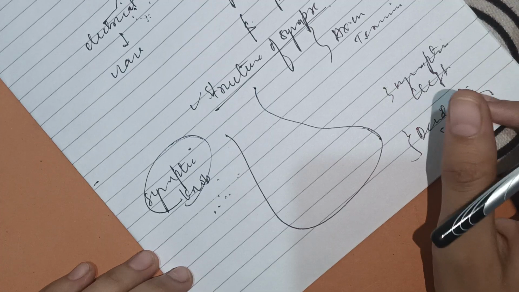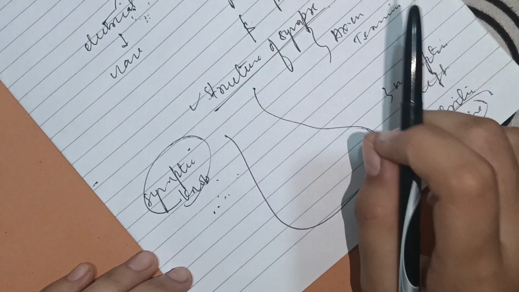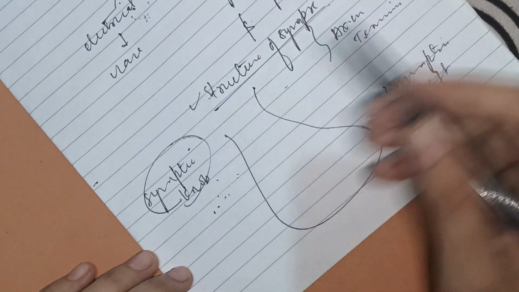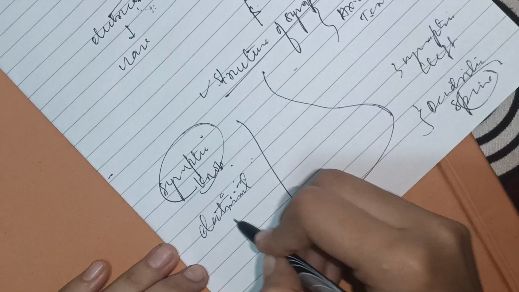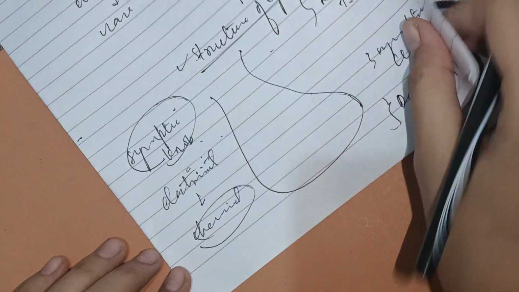Okay, information cannot pass directly from one neuron to another. The information is transmitted by converting the electrical signal of the first neuron to a chemical signal. Okay, so here we can see the electrical signal is converted to the chemical signal before being transmitted to the next neuron.